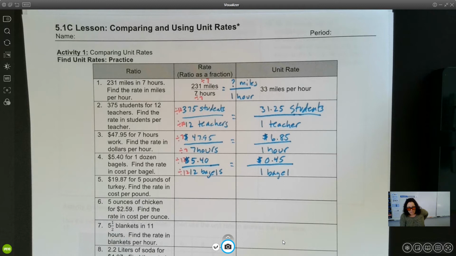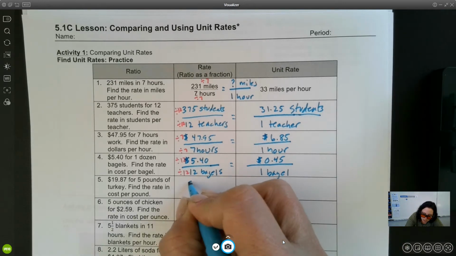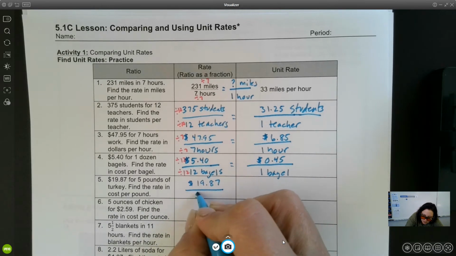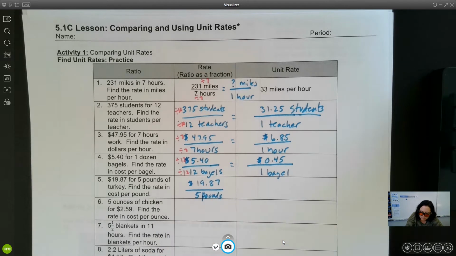All right, number 5, $19.87 for 5 pounds of turkey. Find the rate and cost per pound. So we want the cost per pound.